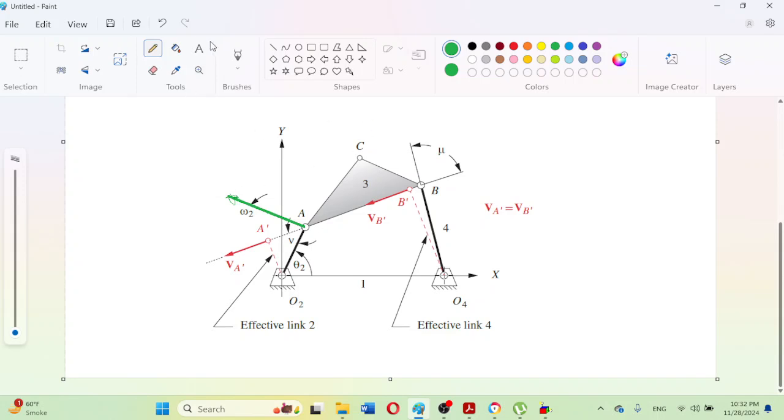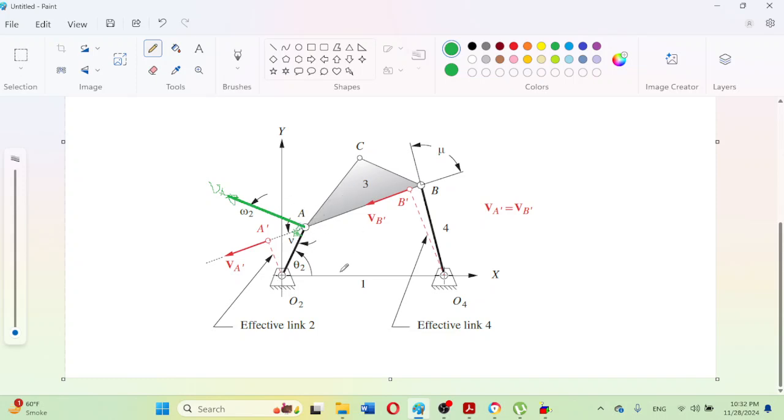So this is actually the velocity VA, and this velocity VA is actually perpendicular to this physical crank, which is the input link.